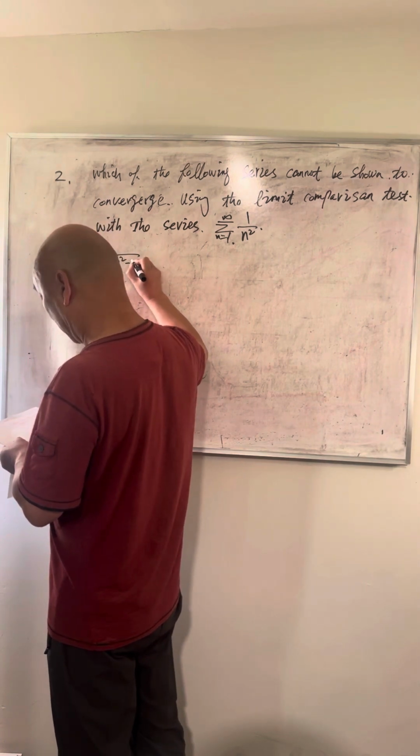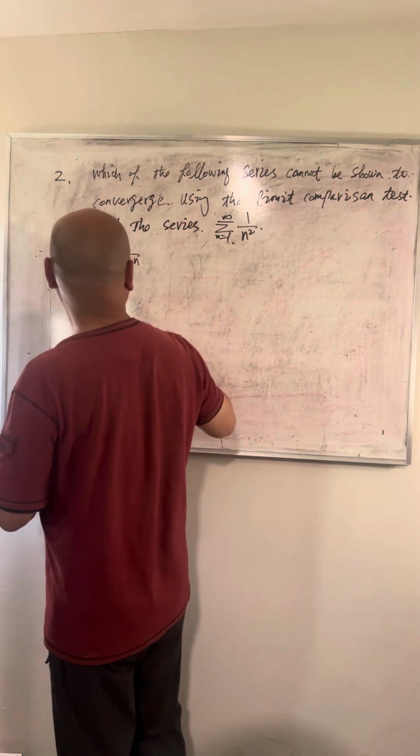The first is 3n squared minus n, over 4.